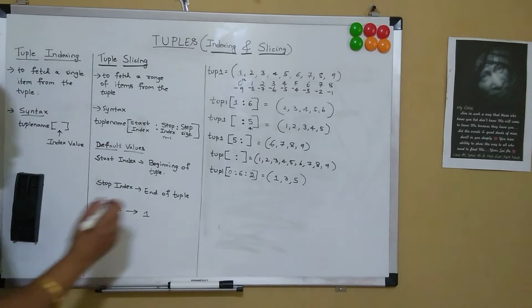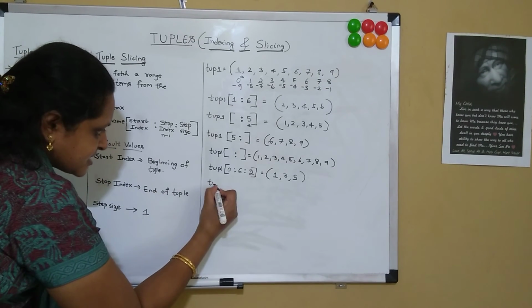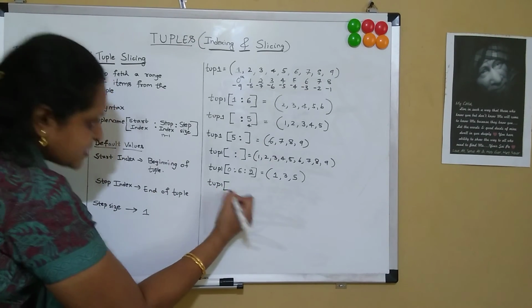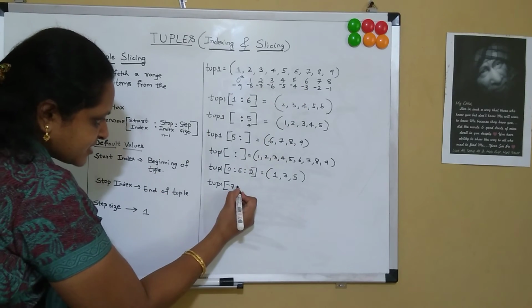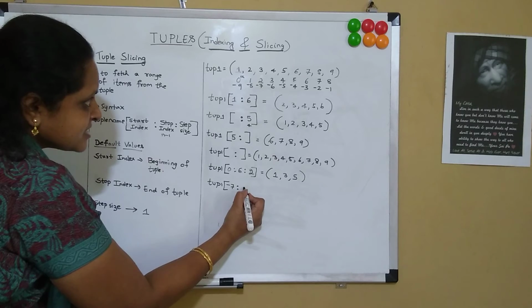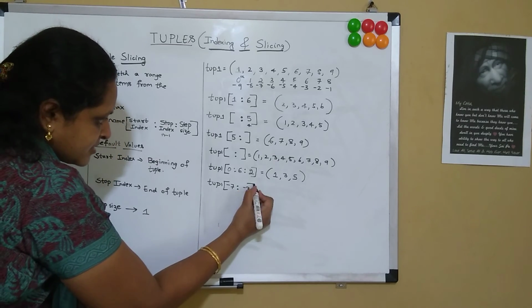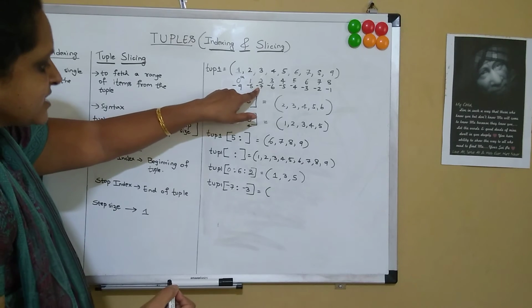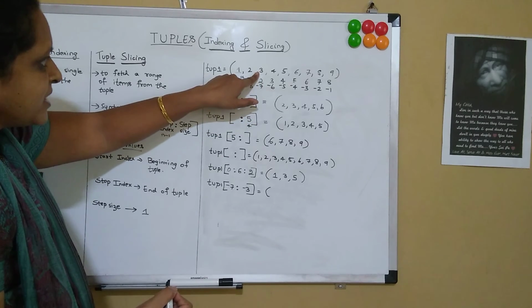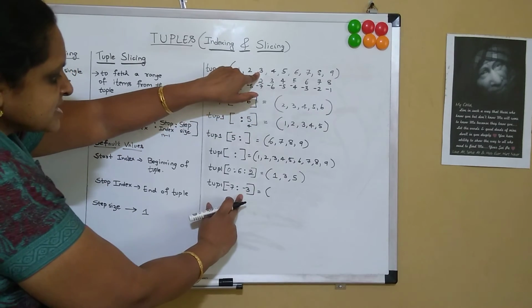And now let's move on with the negative indexes. Tuple 1, if I say minus 7 as my start index, end index is minus 3, then starting index is minus 7. So that is the element 3. End index is minus 3.